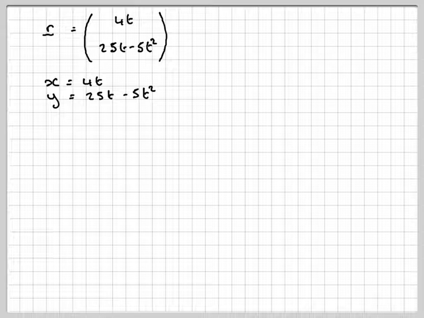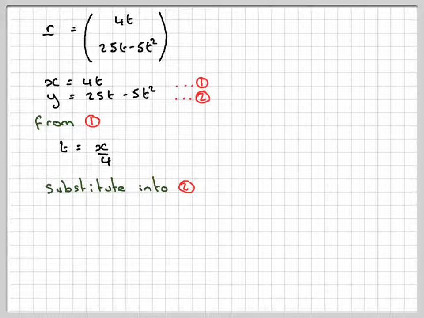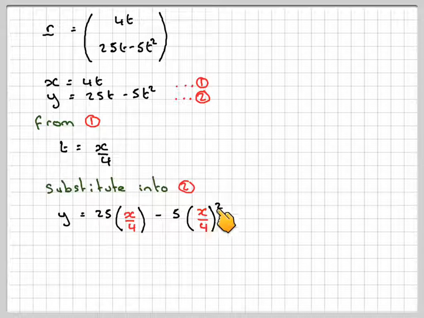So I've got to try and find the equation of motion. So what you do, you take from this one, from equation 1, t will be x over 4, and you just substitute that into equation 2, and that will eliminate t. So we're going to get 25x over 4 minus 5 times (x over 4) all squared.